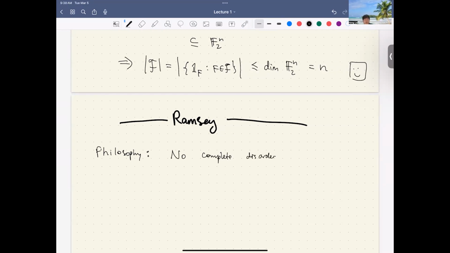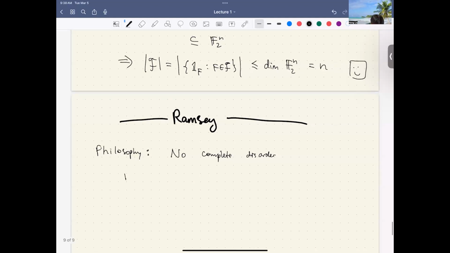What does it mean? If you give me a huge structure, as chaotic as it may seem, I can always find some substructure that's completely ordered inside. And as long as your initial structure is large enough, this ordered substructure can also be arbitrarily large. That's what I mean, no complete disorder.